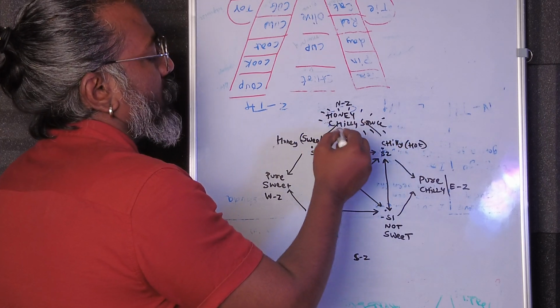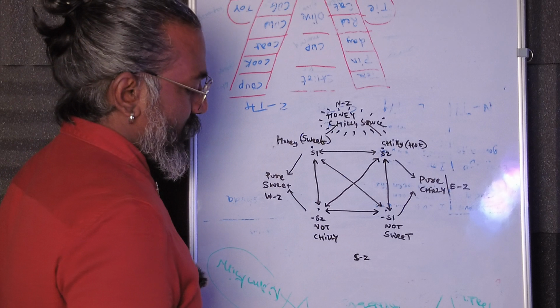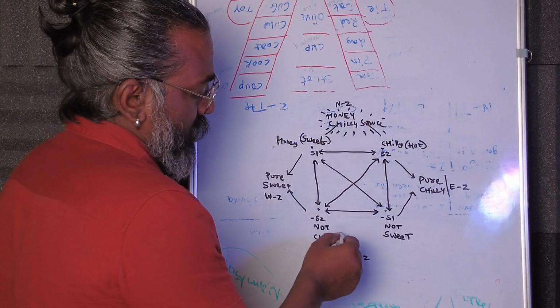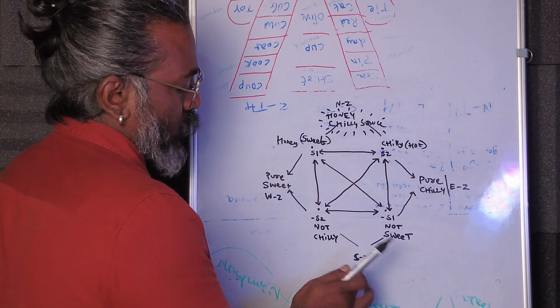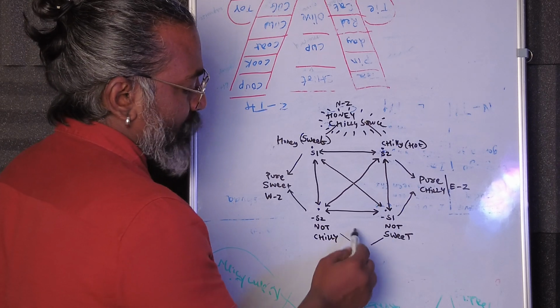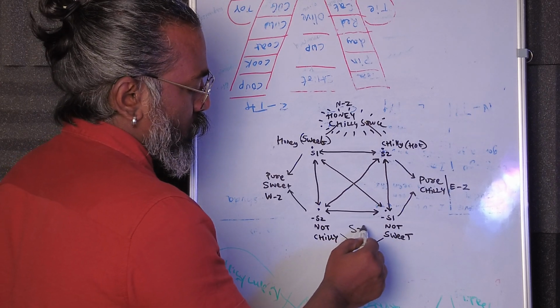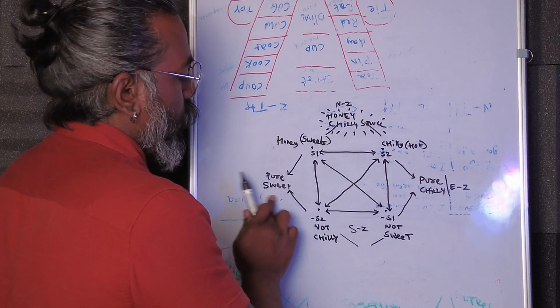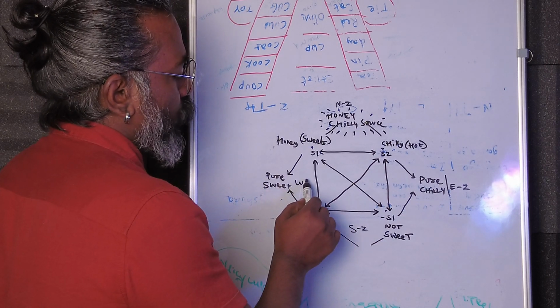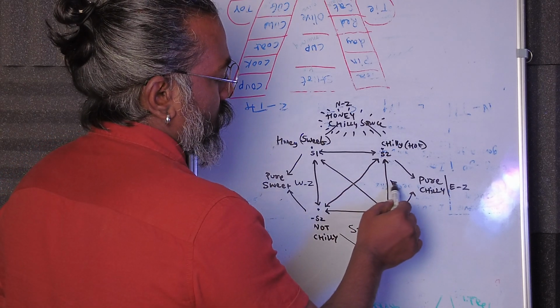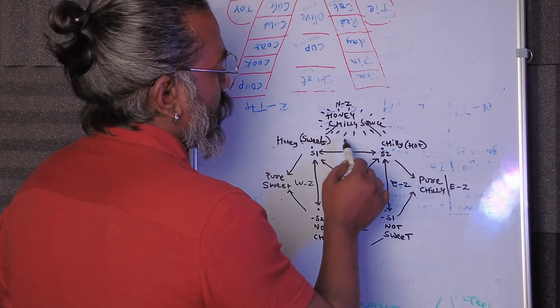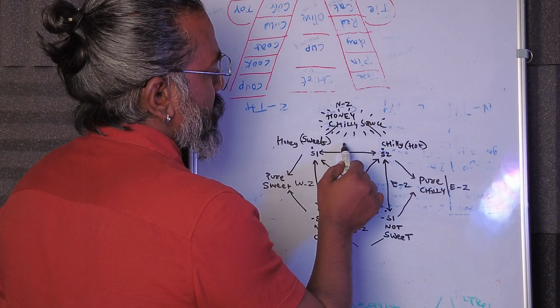Now look at this. Here, combination of this, what do we get in the south zone? Do we get something in the south zone? What probably can we get in the south zone? Just think for a while.